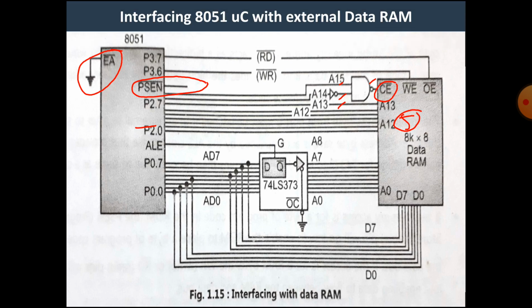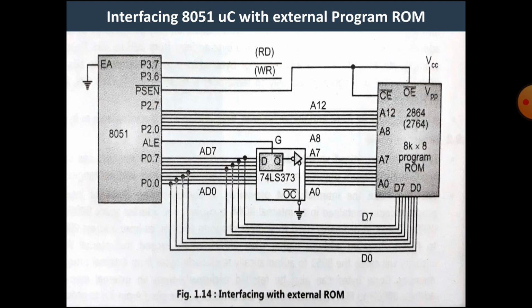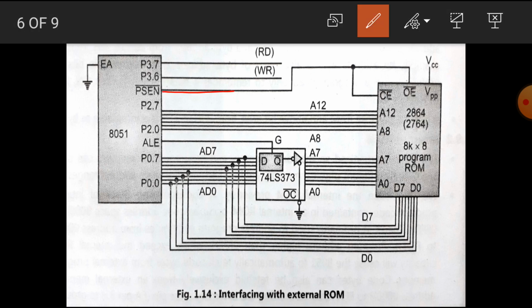Okay, I hope you all understand the two interfacing. In the first type of interfacing, the PSEN pin is connected to the OE and CE pin, while RD and WR pins are left unconnected because we use here the program ROM.